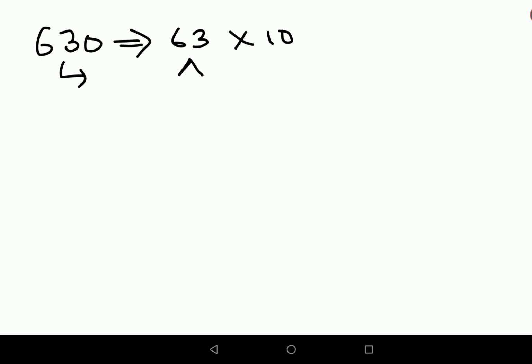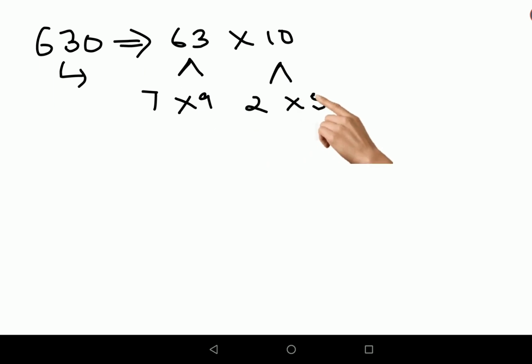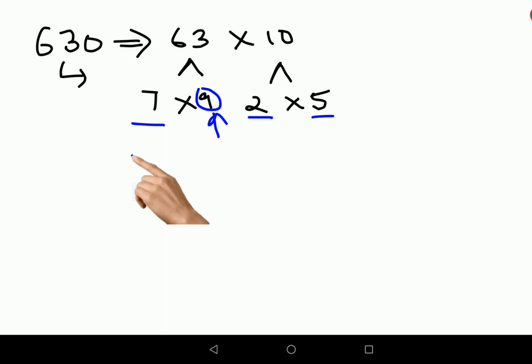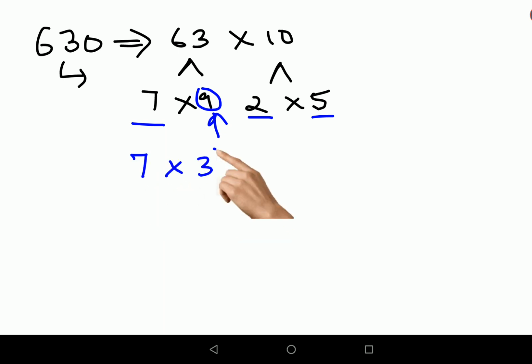And this 63 can be written as 7 into 9, and this 10 can be written as 2 into 5. Now if you see closely, you have already got 3 prime numbers, only this one is left. So let's write this in terms of prime numbers. So basically it is 7 into 3 squared into 2 into 5.